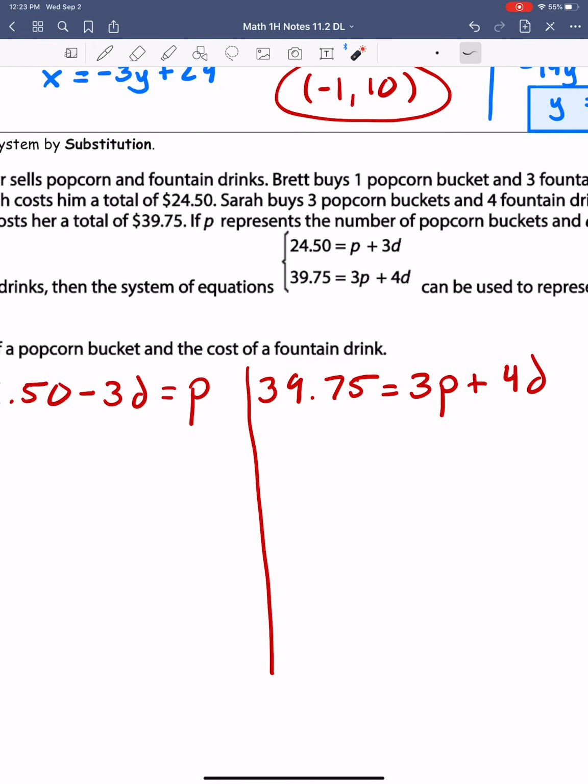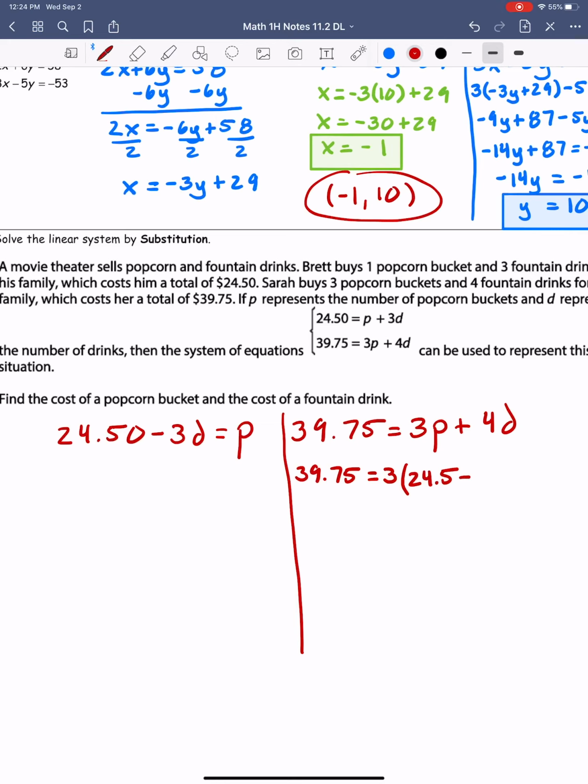And we're going to end up with 39.75 equals 3. Instead of p, we're going to have 24.50, 24.5 minus 3d plus 4d. Okay, so that's going to require some distribution there. So we're going to end up with 39.75 equals 3 times 24.5.